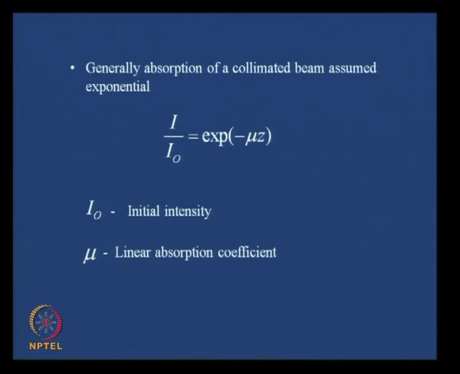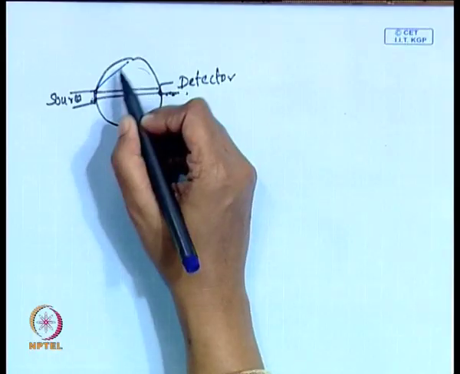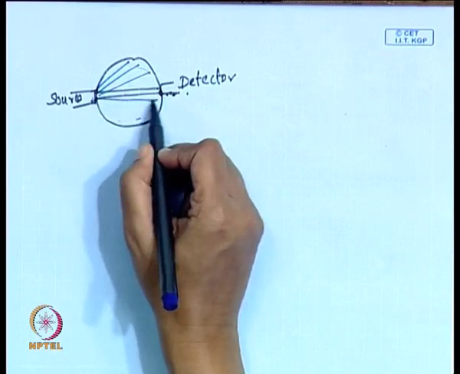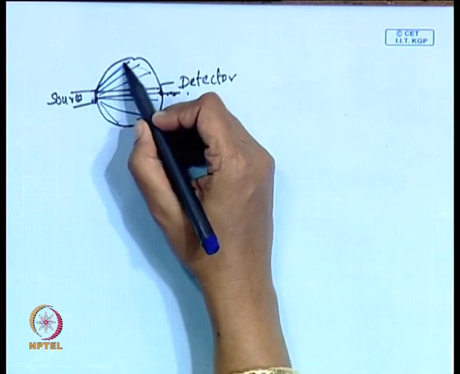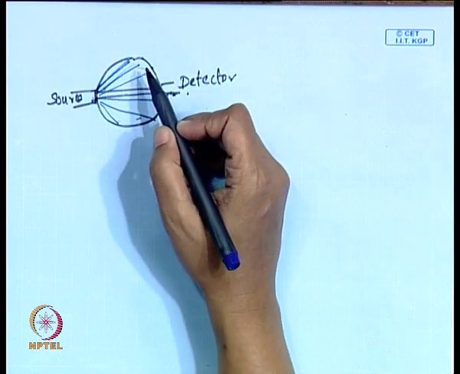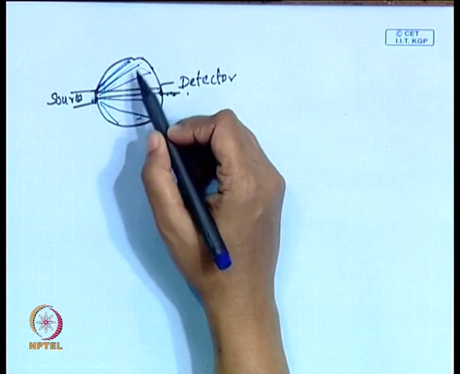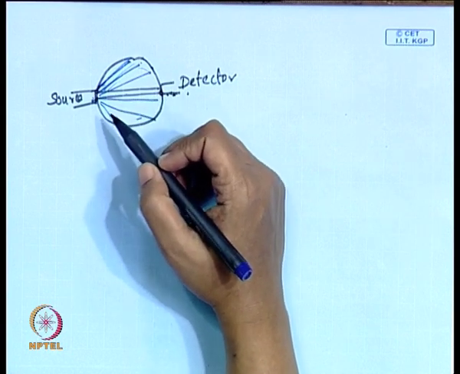Usually the absorption of a collimated beam; I do not know whether you have heard this word previously. It is just to ensure that the rays of the beam are more or less parallel to one another. Usually when you have a source, suppose here I have drawn this source, the rays will come out in all directions. So, depending upon the path which is travelled, naturally the amount absorbed is going to change.